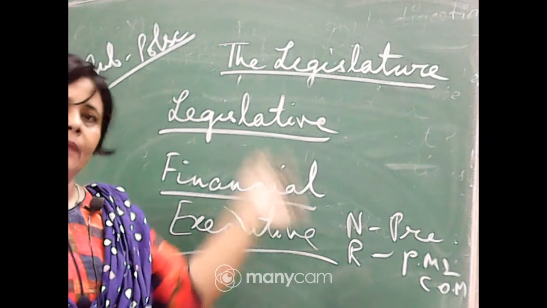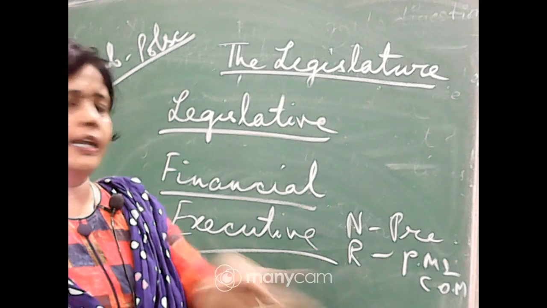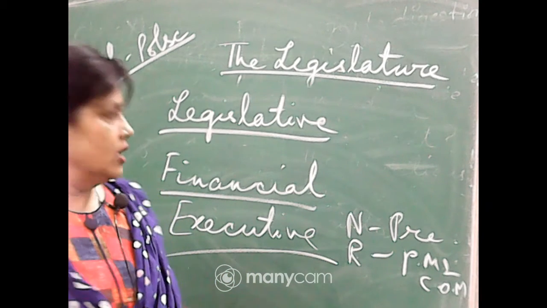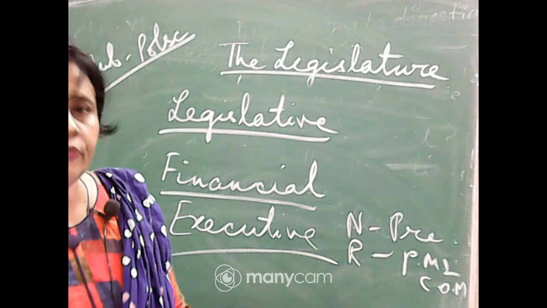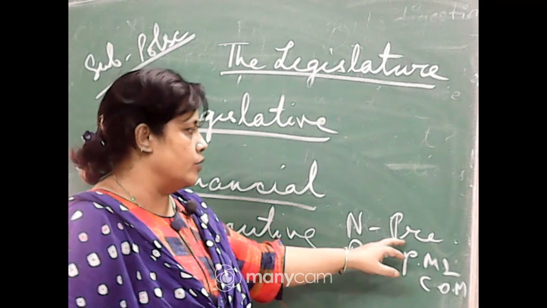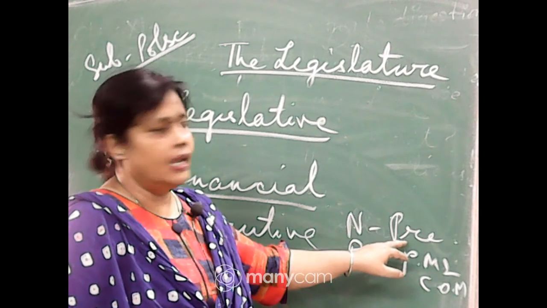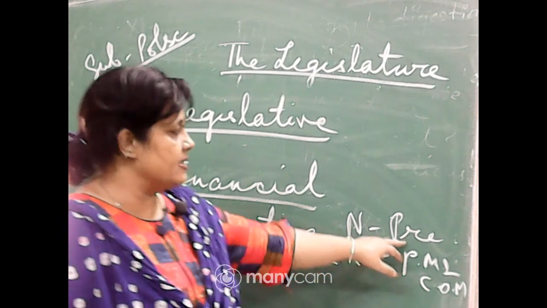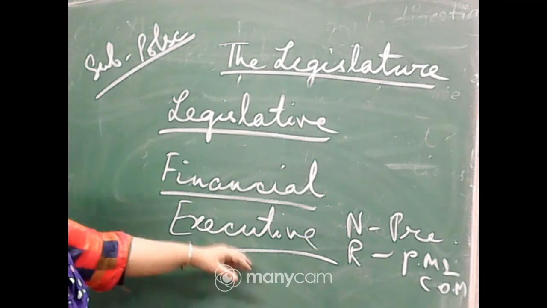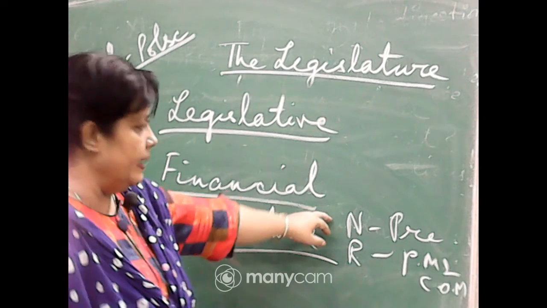Clear? After being passed with 2/3 majority from both the houses, the bill will move not to the president, but to the Chief Justice of the Supreme Court. Why? Because we are actually trying to impeach. Impeach means remove the President of India. So, this is one way by which the legislature controls the nominal executive.